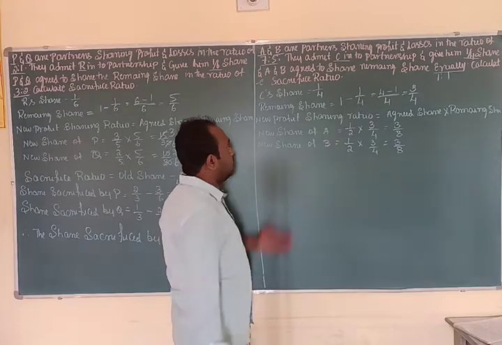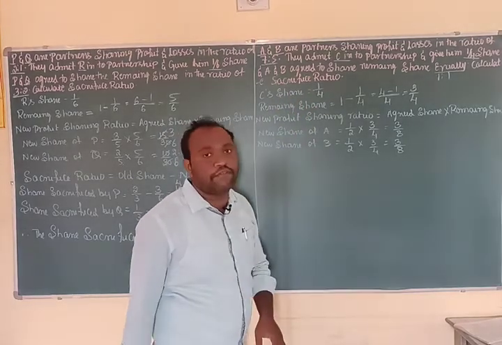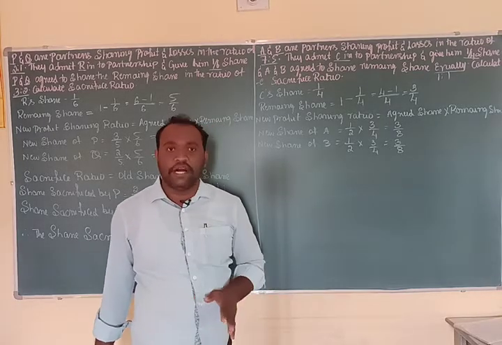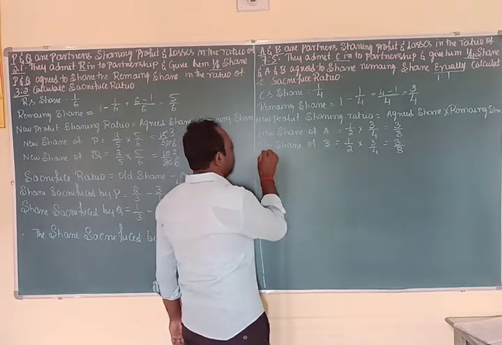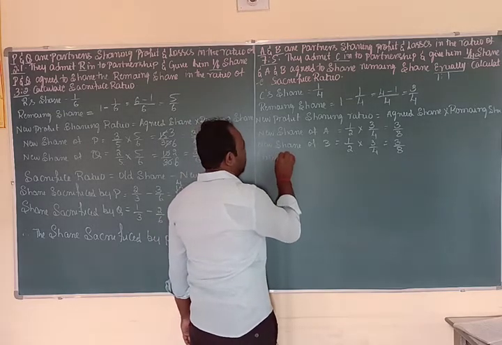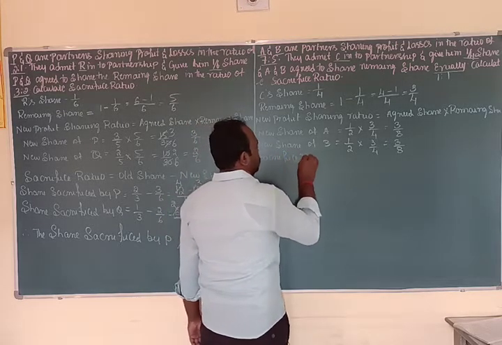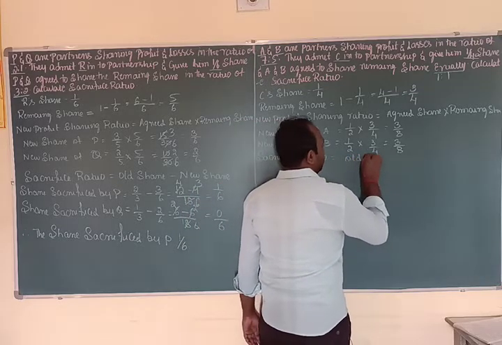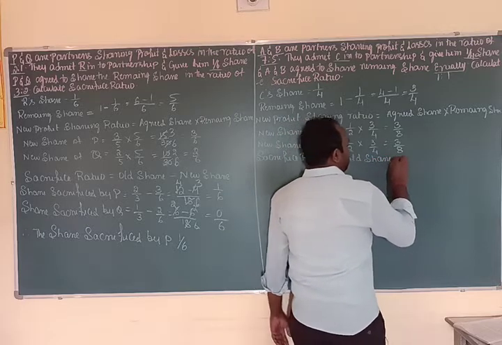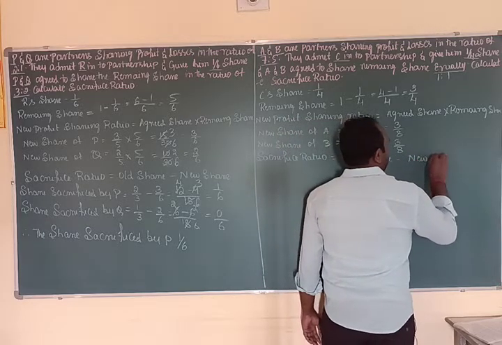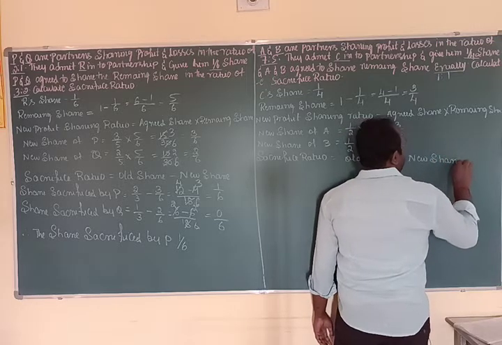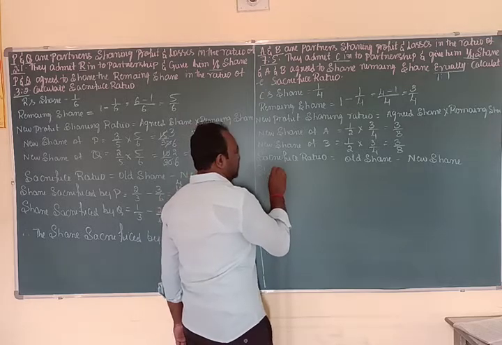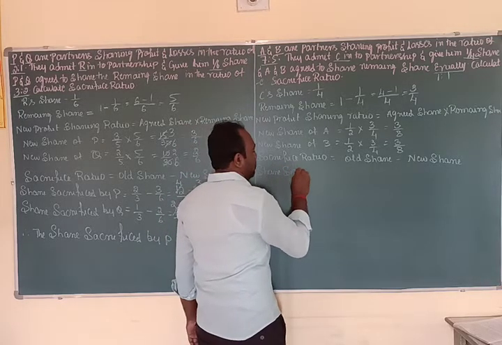On this basis we have found out the remaining share and the new share of the old partners. After that, we should calculate the sacrifice ratio. What is the formula to calculate the sacrifice ratio? Old share minus new share.